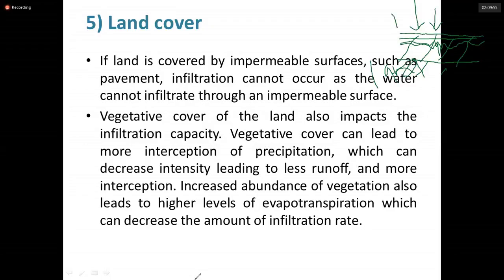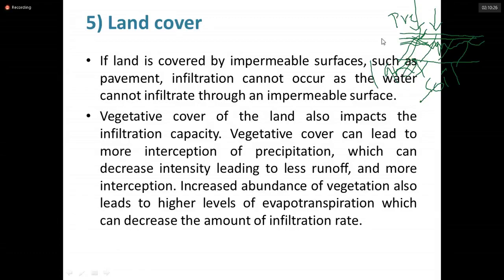If the precipitation is here, once the impermeable layer is here, the water can't pass through this layer. So the water can't arrive at the soil. So this impermeable layer is in between the precipitation and the soil. So it can't allow for the infiltration.